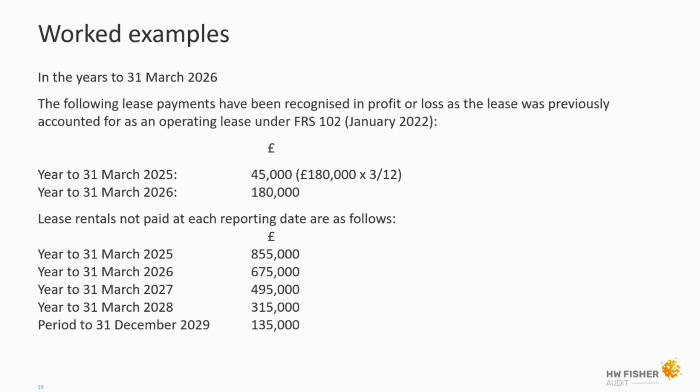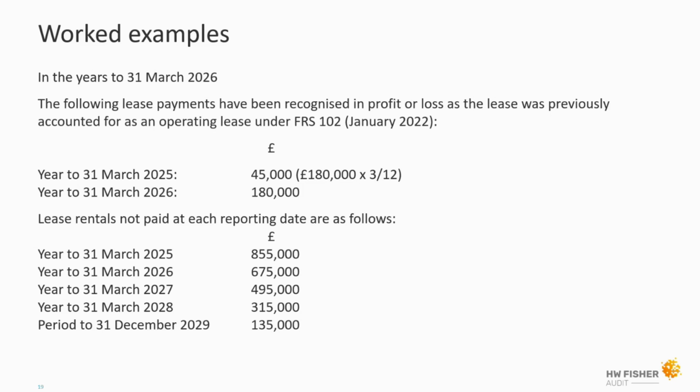Well, it's important to think about it in those stages. In the year to 31st of March 2026, we're accounting for it under the current operating lease expectations. So what have we done? Up to March 2025, we effectively had 3 months, so we had an operating lease and paid out simply through the P&L £45,000 up to March 2025.